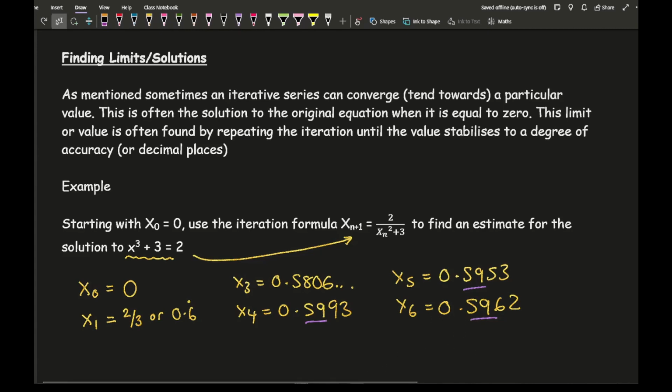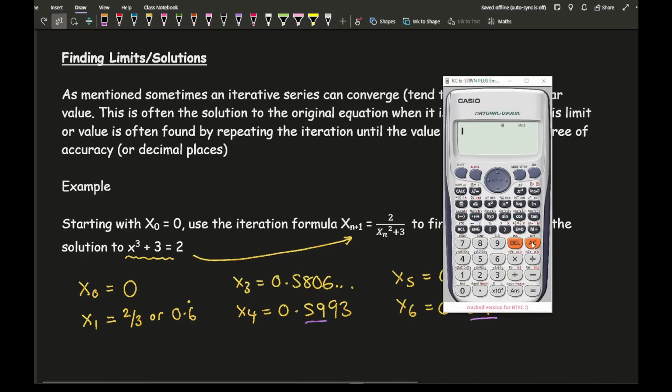As I keep going on, I'll find that the answer stops changing. On the calculator, there is a much easier way of doing this iteration, but the key thing is you need to make sure that you're doing this correctly. If I enter the first value, which is 0, press equals, then that's stored x0 as 0. Then on the next step, I enter the iterative formula, so 2 over, but wherever I see an xn, I swap that with Ans, and I'll put the Ans in brackets, plus 3. Now every time I press equals, it will give me the next value of x.